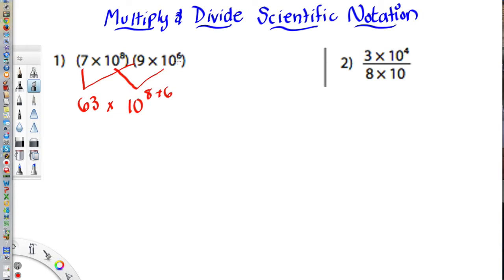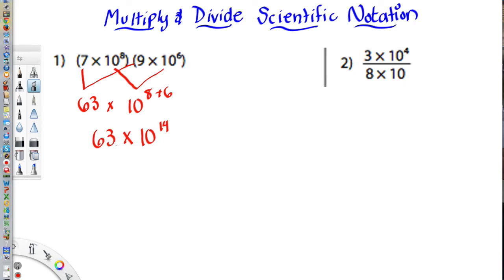We're just multiplying exponents. When you multiply exponents, the base stays the same, and you just add the powers. So altogether, we would have 63 times 10 to the 14th power, because 8 plus 6 is 14. Now, there's one more thing I should do. If I want to write this in scientific notation, we know this base number here, 63, is not greater than 1 and less than 10.